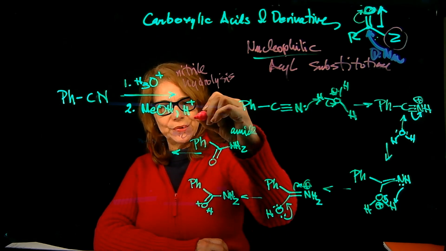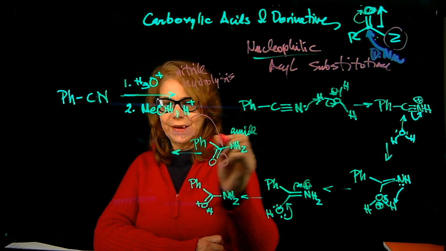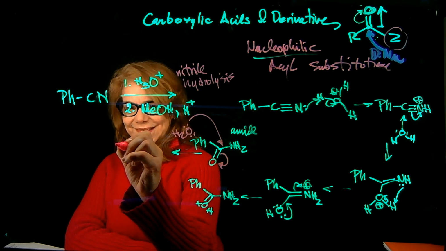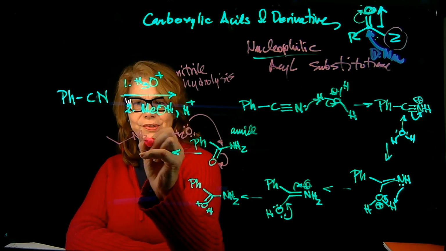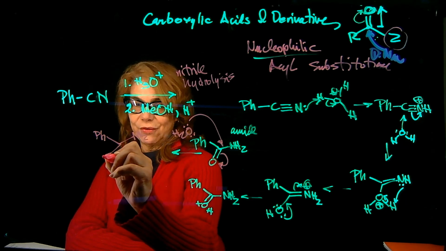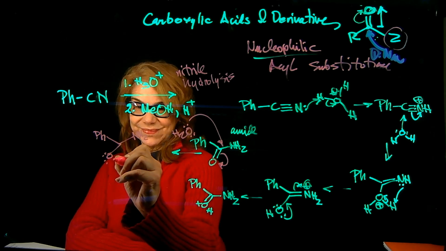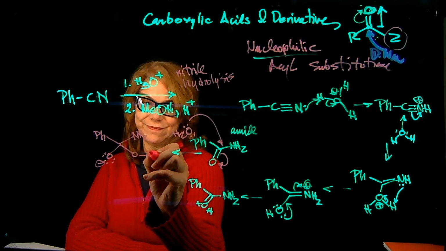We're going to do a nucleophilic attack here. And what are you forming? Now you're going to have NH2, this is your phenyl group, now I'm going to have O negative, and I'm going to have water.